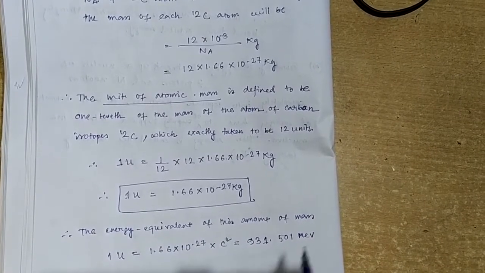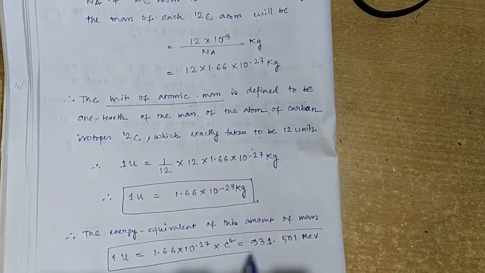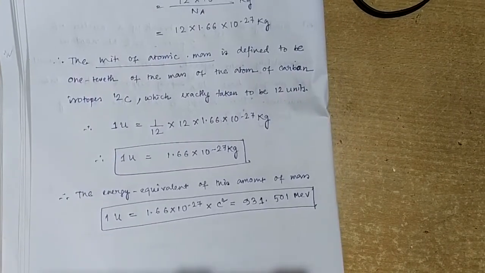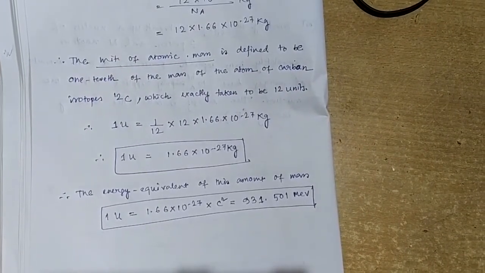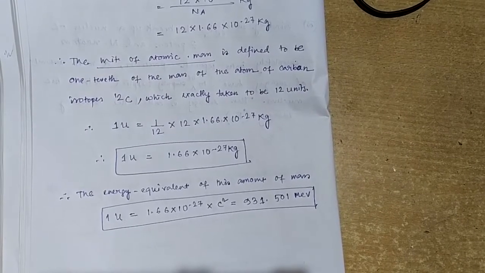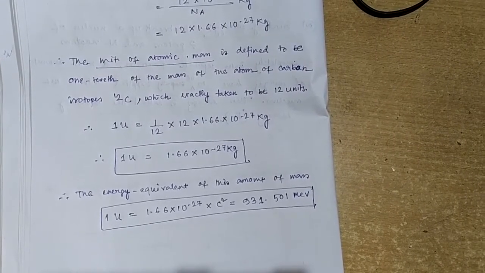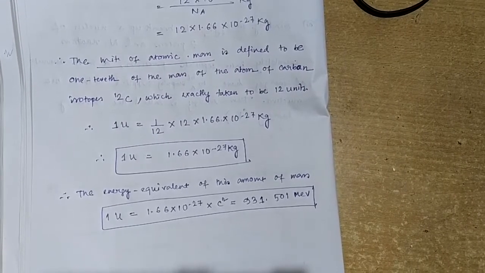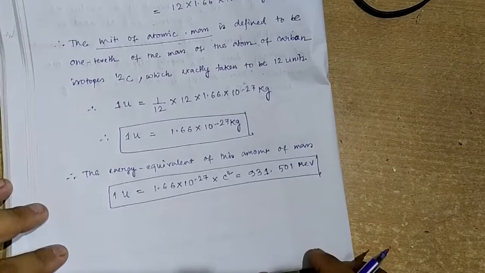That is mega electron volt, and it's very important. That means 1 unit of atomic mass is actually 931.501 MeV.